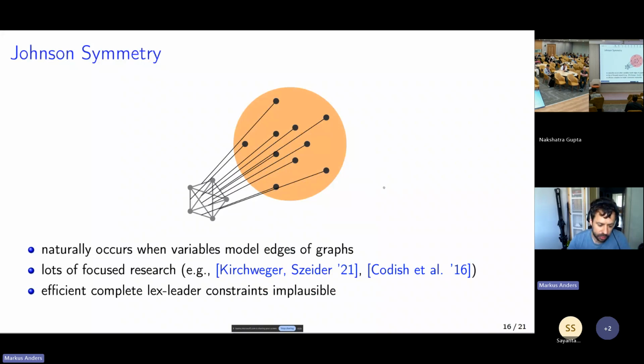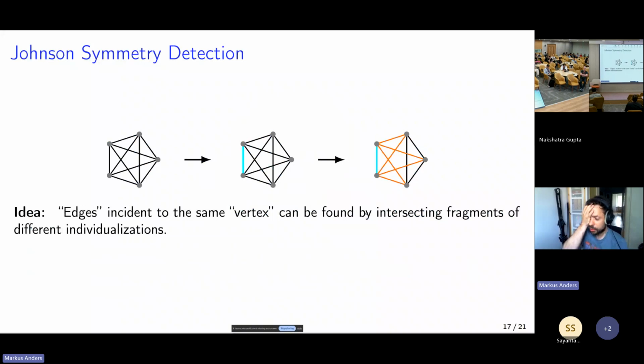Now, again, we know that efficient complete lex leader constraints are implausible for this, but as mentioned before, we can make use of some of the literature on these types of groups and produce one of the constraints from the literature. Now, how does the detection of Johnson symmetry work? Well, this gets slightly more involved.